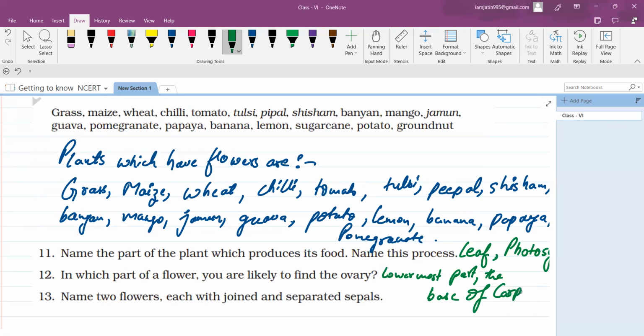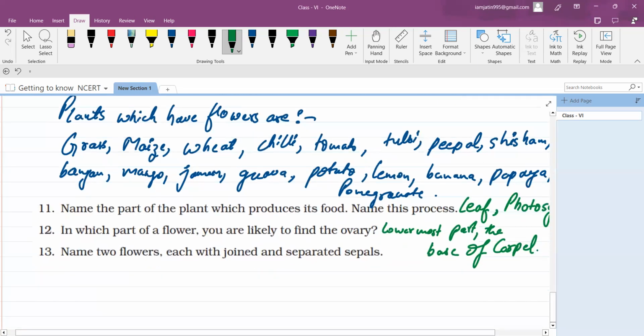The base of the carpel is called the ovary, which is the swollen part of the carpel. So it is the lowermost part where we find the ovary, which contains the female part, basically the ovules.